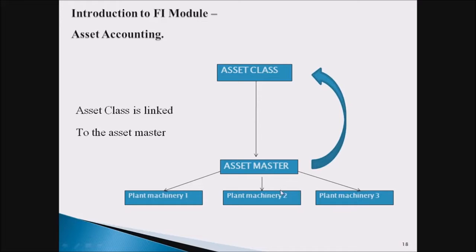If I have buildings, those 3 buildings will be linked to one common asset class called buildings. This in turn will be linked to the GL account. The asset master will always give me the individual values. I can know what is the value of plant and machinery 1, plant and machinery 2, or plant and machinery 3 at the asset master level. Together, what is the value? I will know at the asset class level. Okay?